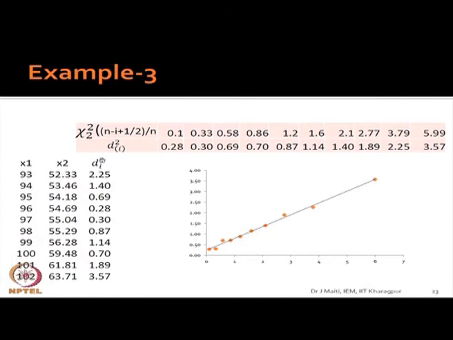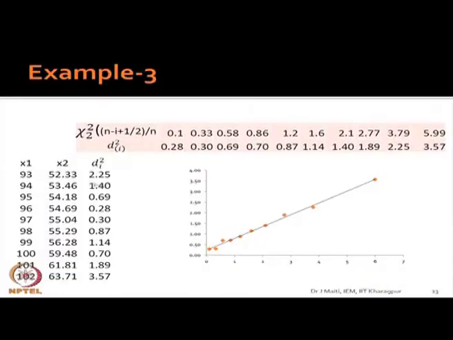What we have done is calculate the distance of the first observation from the mean values of x1 and x2, using the distance formula d_i squared equals (x_i minus x bar) transpose S inverse (x_i minus x bar).